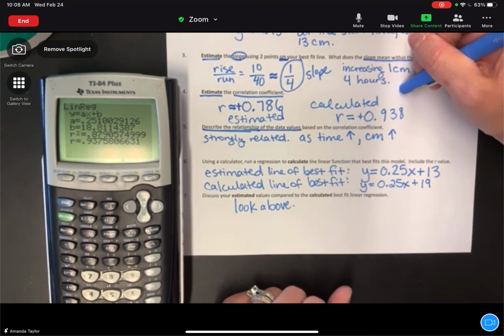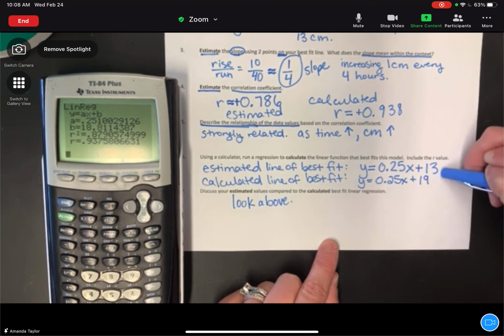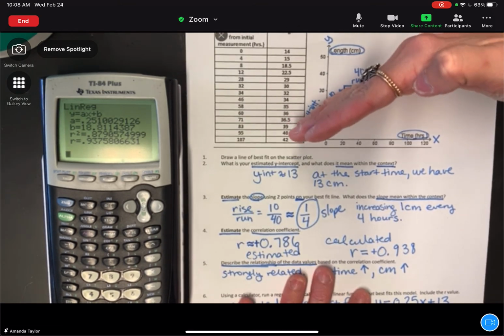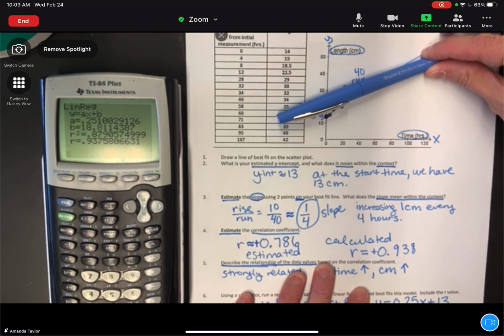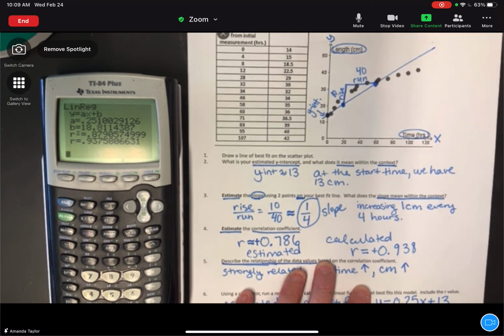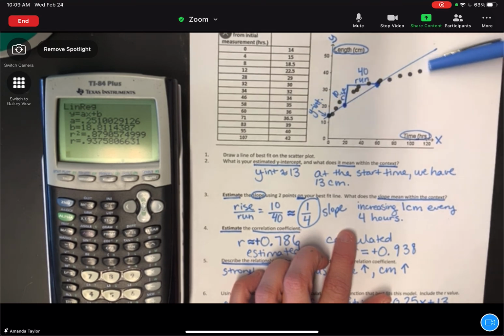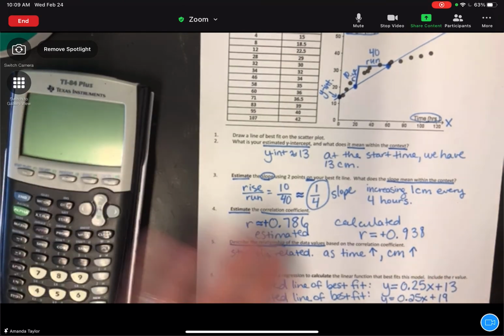And we did a really darn good job of estimating that line of best fit. Just had the y-intercept off a little bit, which means that my line probably should have been a little bit more angled this way. But good job on that.